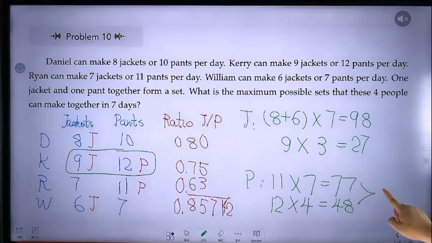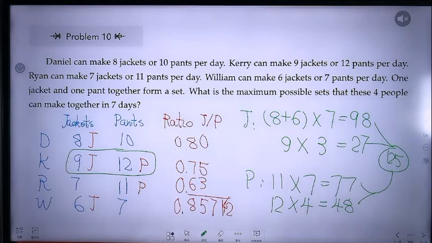Altogether, you get 125. So now you can prepare 125 sets. That would be the answer to this question, so this is the ideal design.